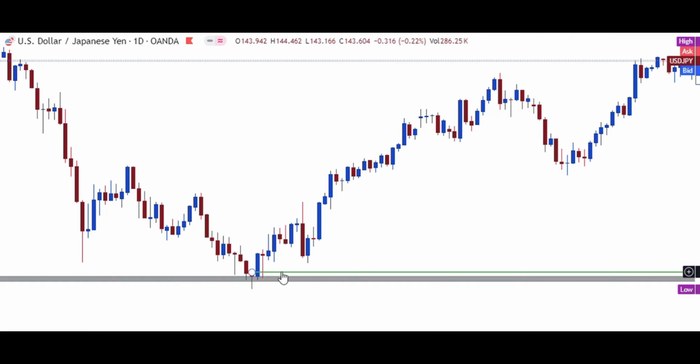After confirmation candlesticks. Always wait for a confirmation and place your buy orders once the price crosses above this green line at lower time frames.